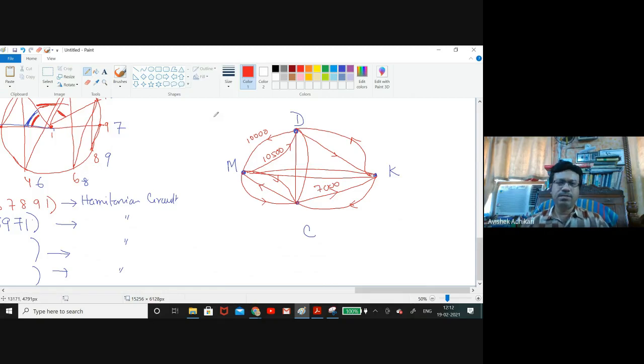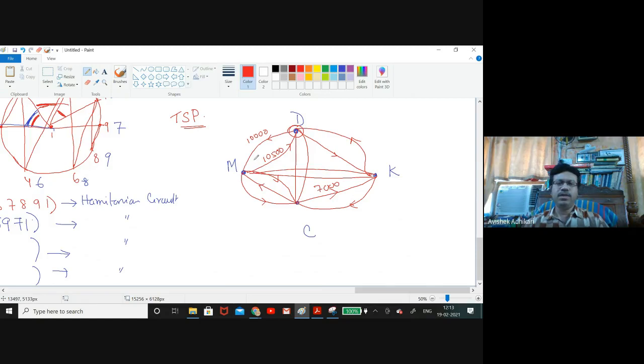The idea is, suppose one salesman, so the name is traveling salesman problem, TSP. It's a famous problem. It's an optimization problem. So it says that suppose one salesman wants to travel through all the cities exactly once. He may start from a particular city, for example, he may start from Delhi and he wants to come back to Delhi by exploring all the cities exactly once, such that the cost of his travel is minimum.